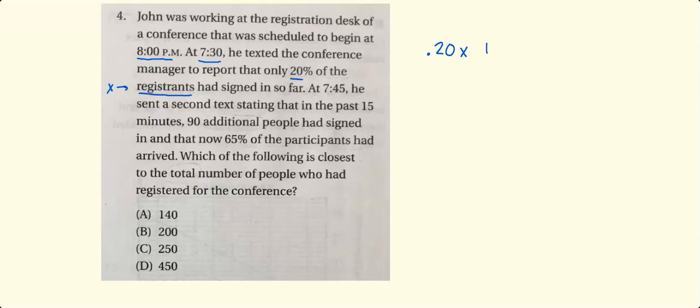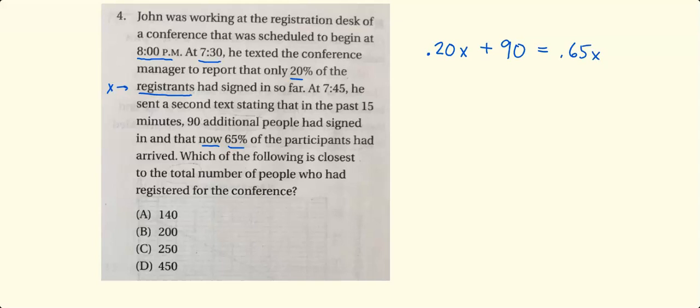Okay, so plus 90, and now 65% of the participants had arrived. So 20% of the participants plus 90 is going to equal 65% of the participants.